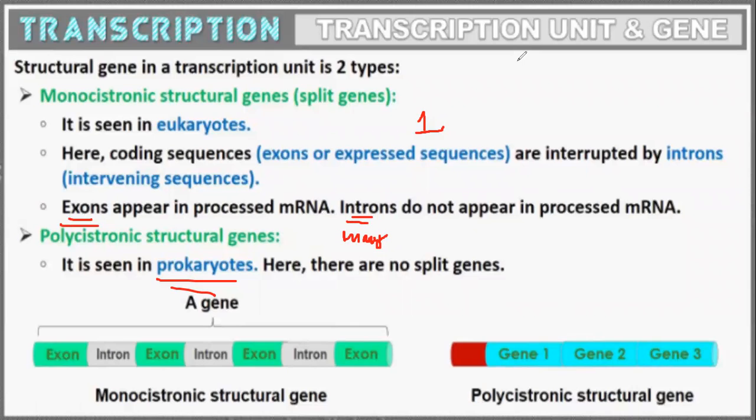Expressing area, exon. Information absent area, that is intron. Is that clear?